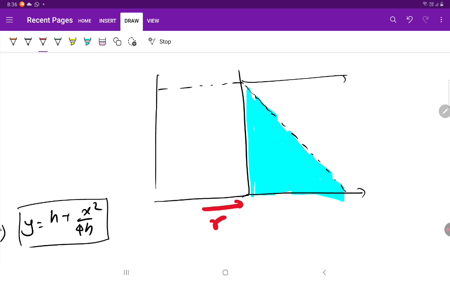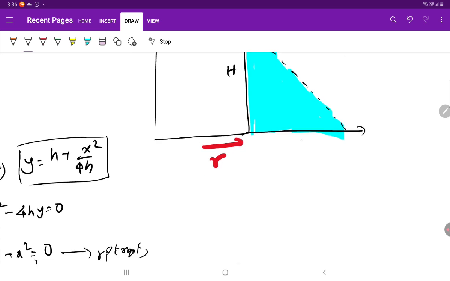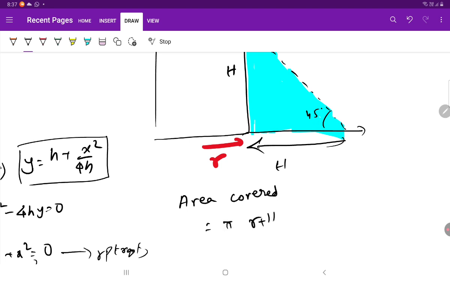Suppose this is radius r and the height to which it's filled is capital H. This will be H again, because the line is at an angle of 45 degrees, or the envelope has slope 1. So you can say that the area covered is pi times (r plus H) whole square minus r square.